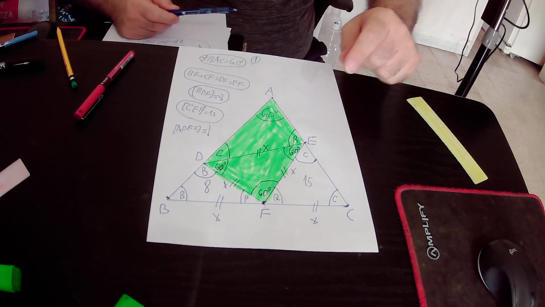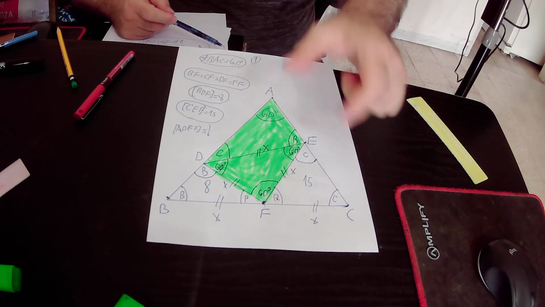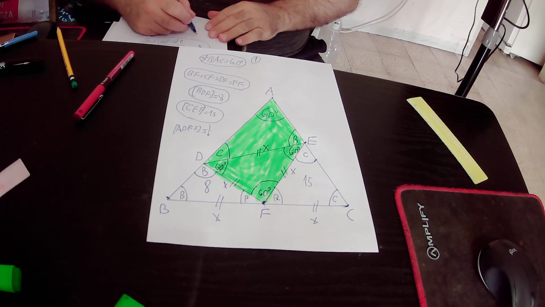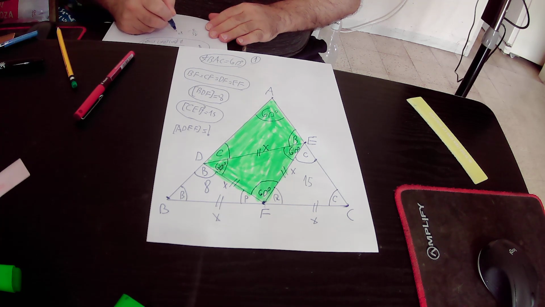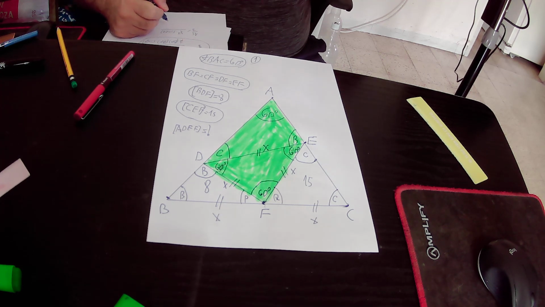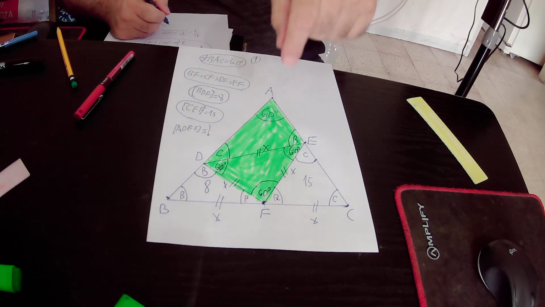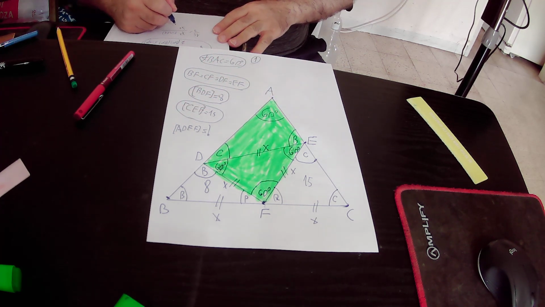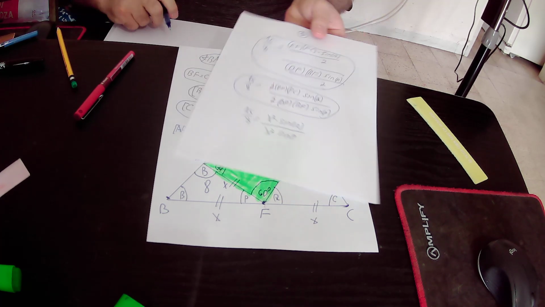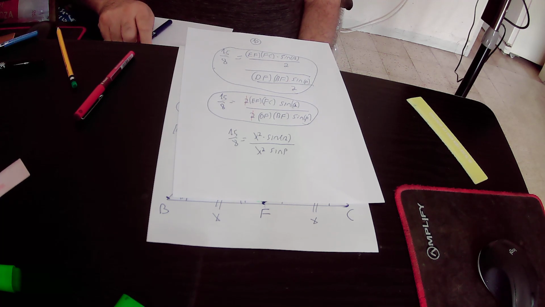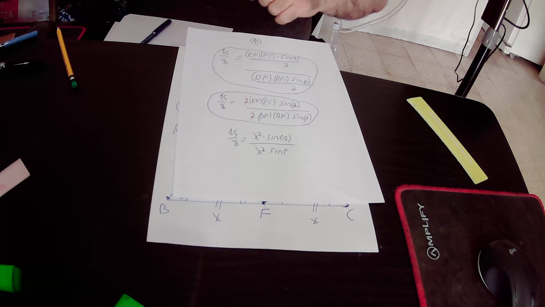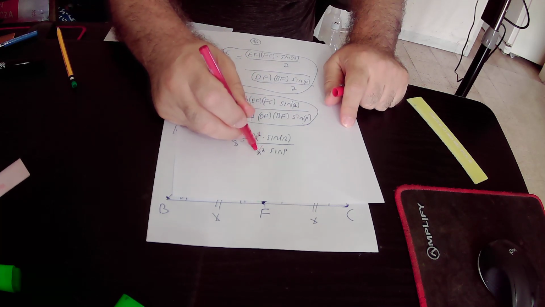EF equals X and FC also equals X, so EF times FC is X times X, that is X squared times sine Q over DF, which is X, times BF, which is also X, so X times X is X squared times sine P. So in total we got that 15 over 8 equals X squared sine Q over X squared times sine P. Here X squared over X squared is 1, so X squared is cancelled.